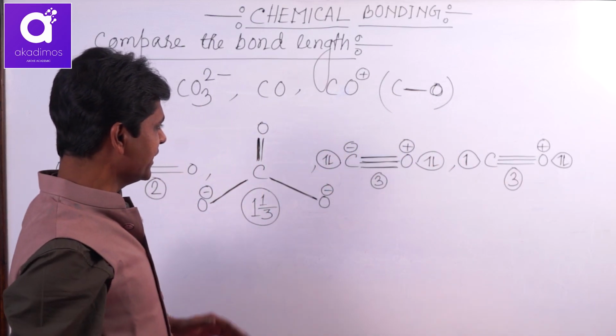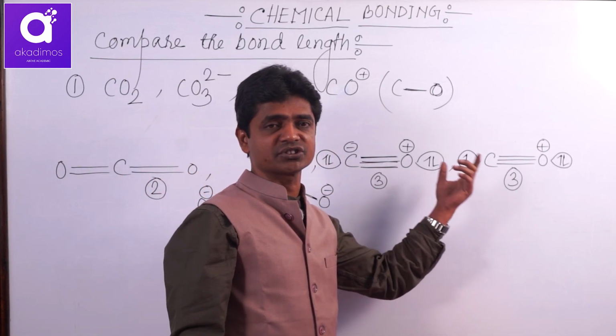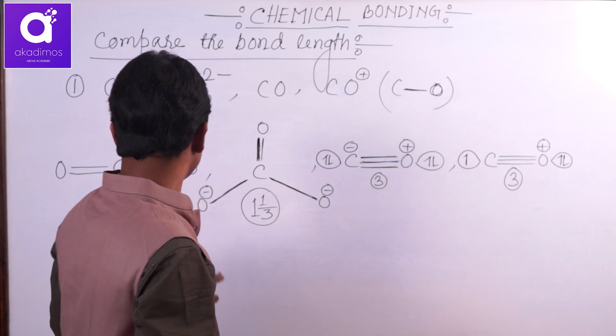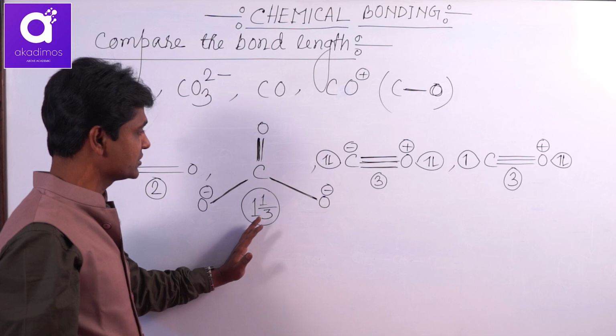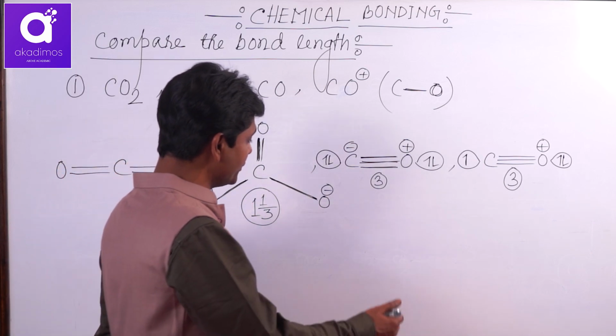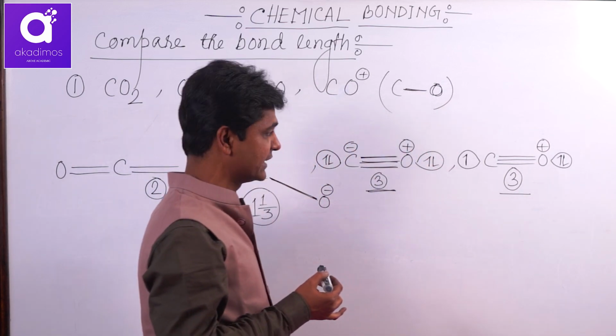Now by taking the bond order, maximum bond order CO and CO plus, that means minimum bond length, these 2, and then CO2, and minimum bond order CO3 2 minus, maximum bond length. Now the confusion will arise between CO and CO plus.